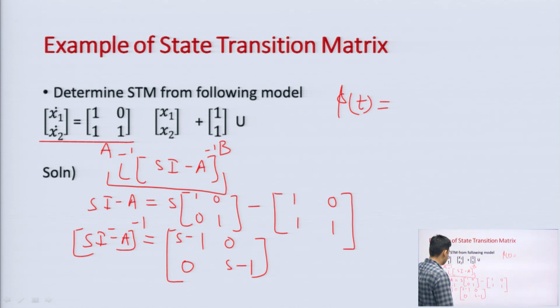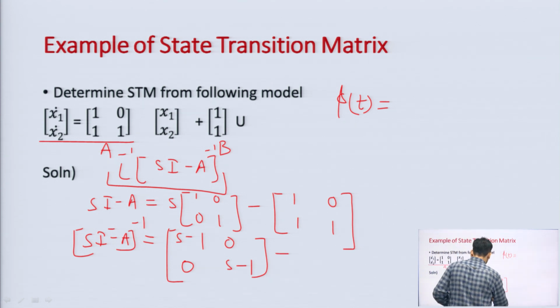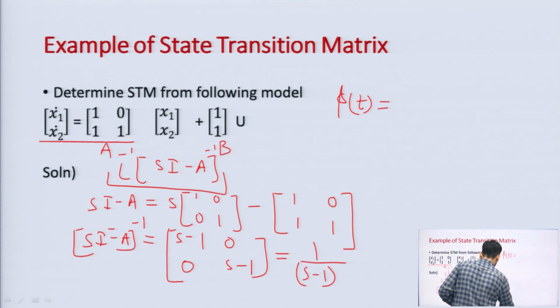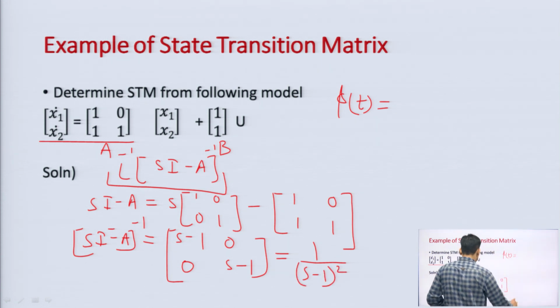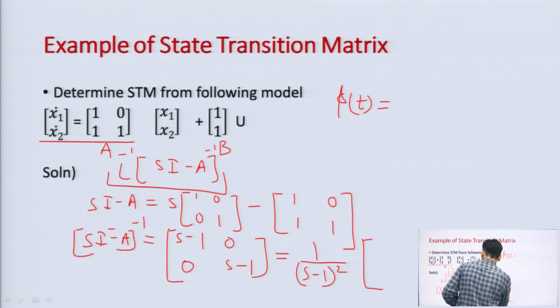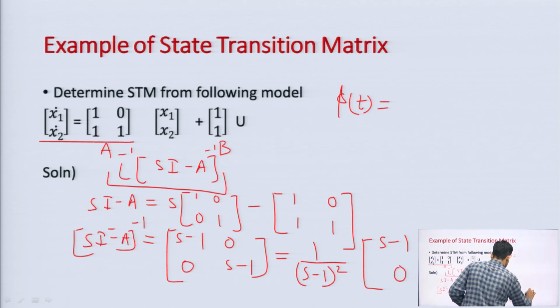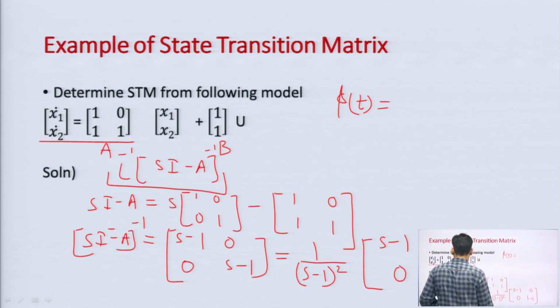So, for the inverse calculation I need to calculate its determinant. The determinant would be (s minus 1) whole square, multiplied by the adjoint, where I will interchange the diagonal elements only. So, this would be [s minus 1, 0; 0, s minus 1]. This is the inverse of this matrix by calculation of the adjoint and determinant.